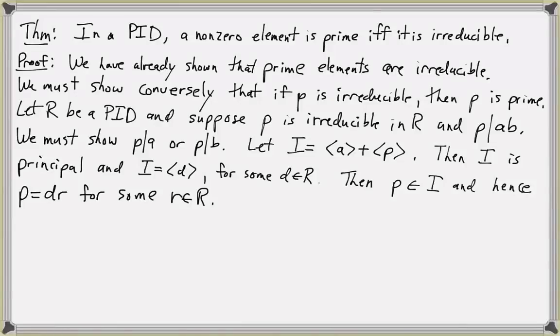Now we're going to use the fact that P is irreducible. So since P is irreducible, and I've written P as a product, DR, we know that one of D or R is a unit.